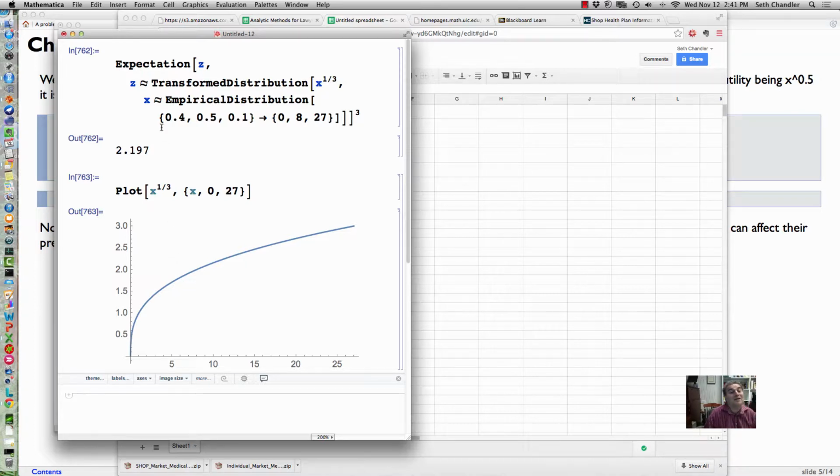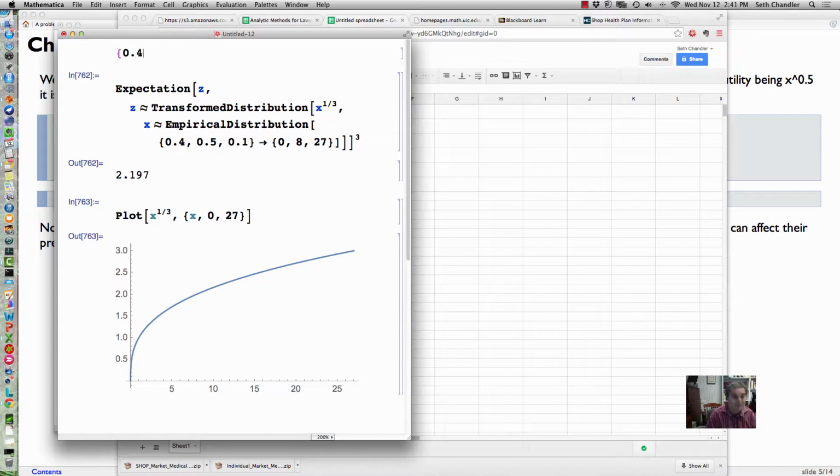Oh, by the way, I went through kind of an elaborate process here. In this simple case, there is no real reason to go through such an elaborate process. If you actually asked me to find this answer quickly, I would probably do something like this. I would set up the probability vector, and I would dot that onto a mapping of the cube root function.